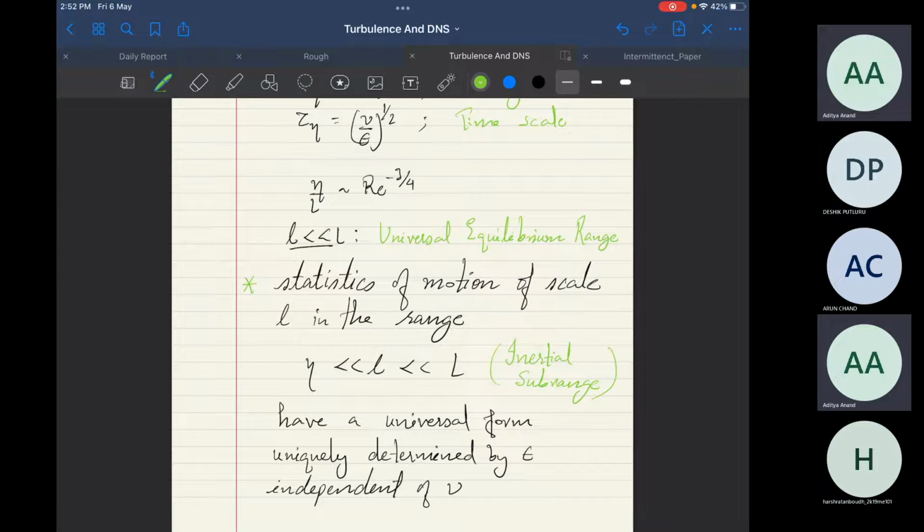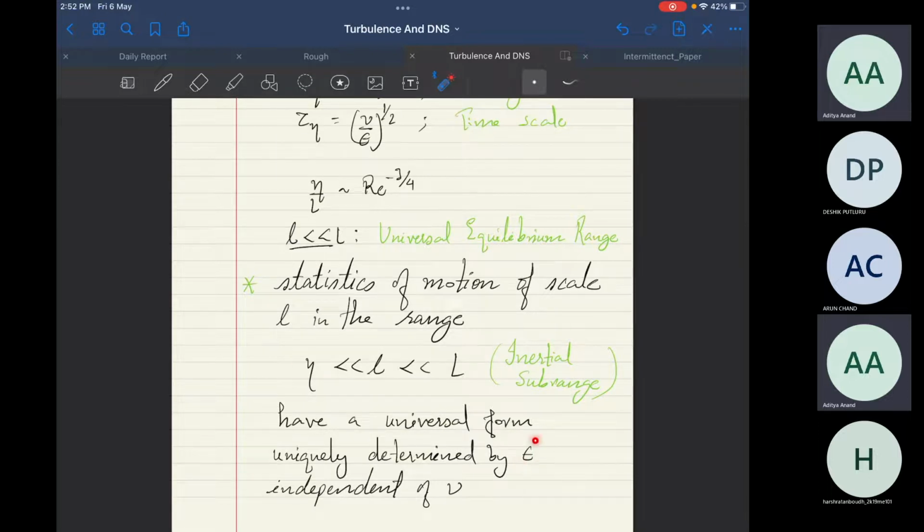If this condition is satisfied, the statistics of these scales depend only on the dissipation rate, independent of the viscosity. This is because your scales are still much larger than the smallest scales in the flow at which dissipation is happening, so there is no viscous effect here.